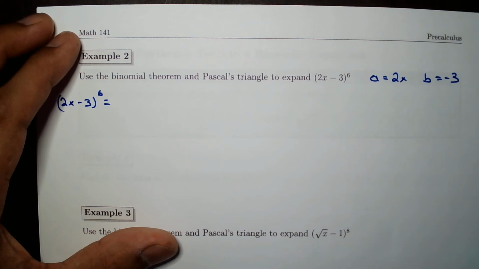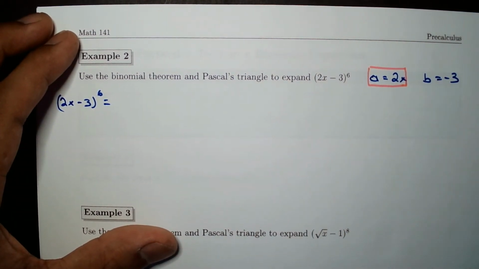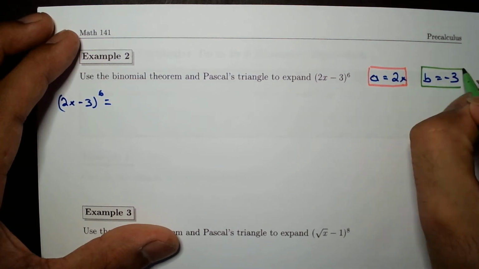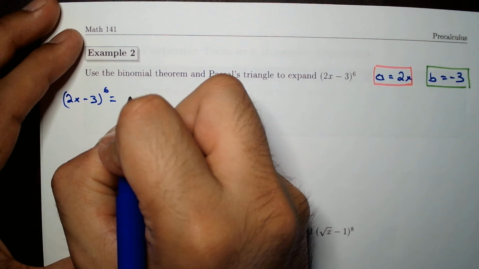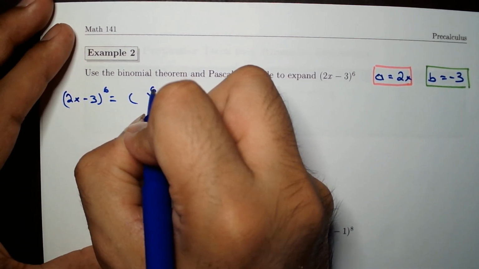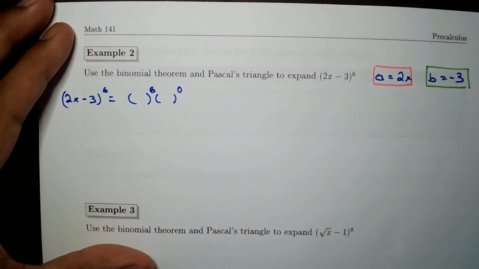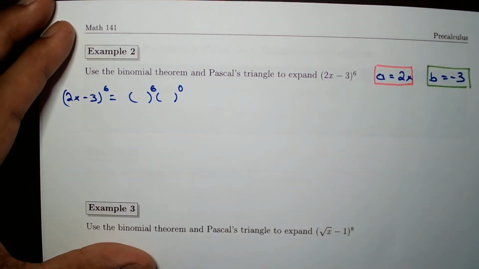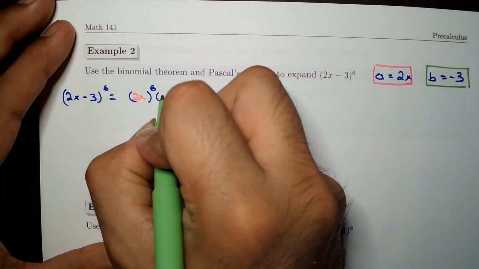Let me use pink for a, green for b. So to the 6th power, and then to the 0 power. So in this case, what are we going to have? 2x and negative 3.